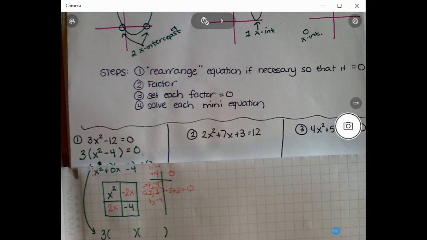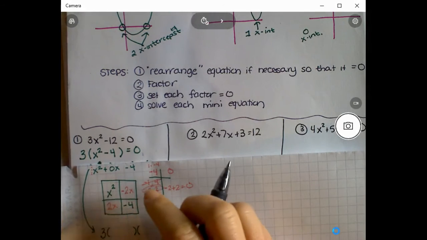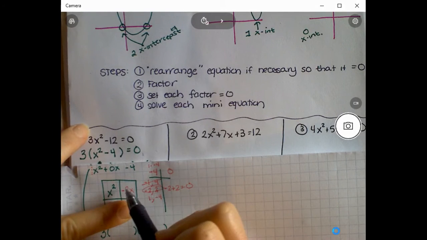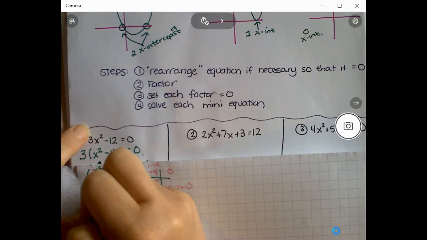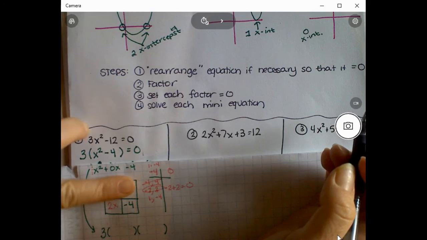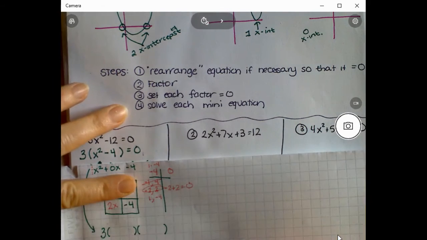Then you might remember from class that we had to find the GCF of each row. So what is the GCF of these two terms? x. They can both be divided by x. What is the GCF of these two terms? 2. You could divide them both by 2.